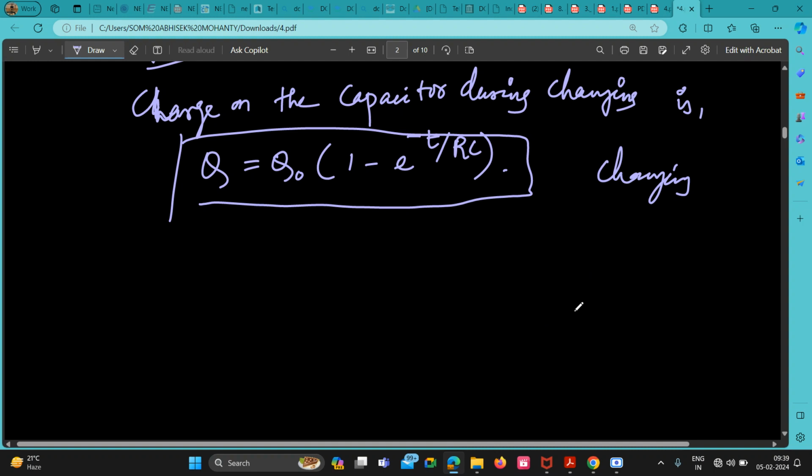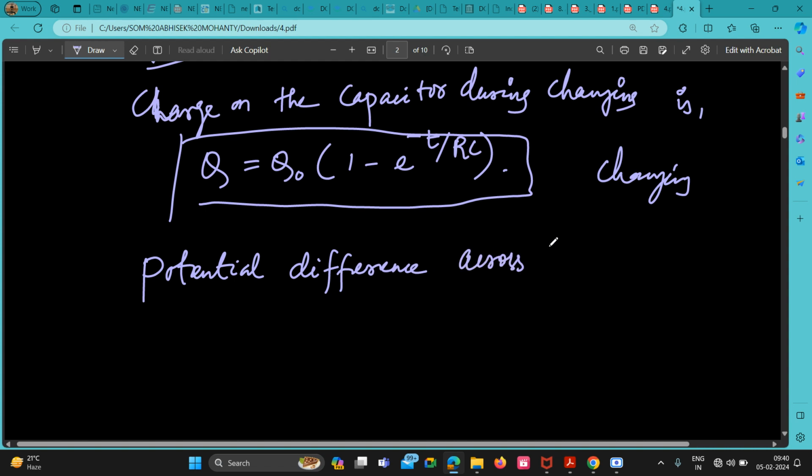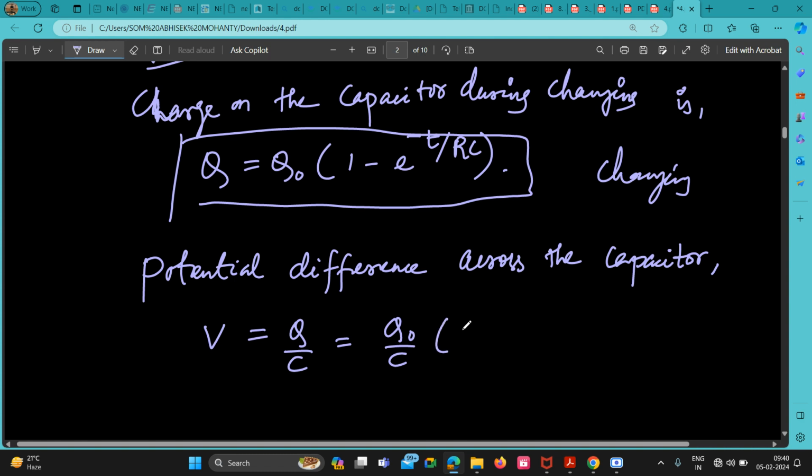Now the potential difference across the capacitor: V is equal to Q by C, that is Q naught by C times 1 minus e to the power minus t by RC.